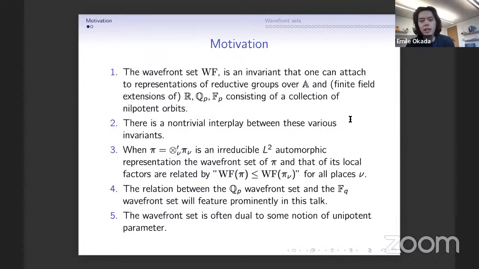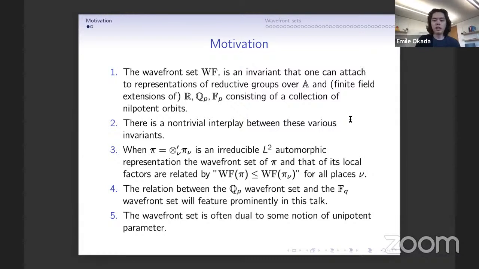So if you take the finite field Wavefront set, for instance, where a lot is known due to Lusztig, if you take the classification of irreducible representations of the finite group of Lie type, that's in terms of some of the geometry on the dual side. And there's often a nilpotent parameter you can attach to it due to that classification.